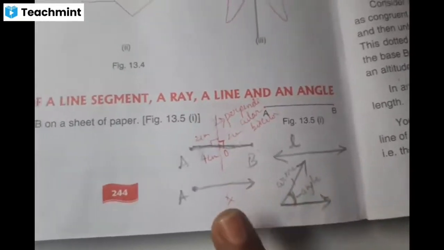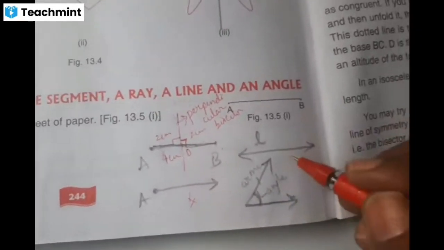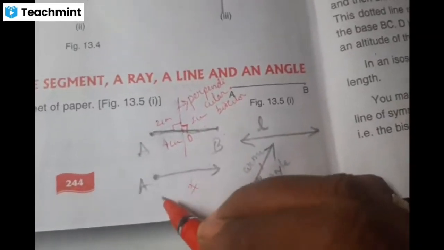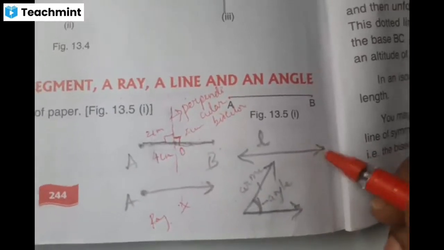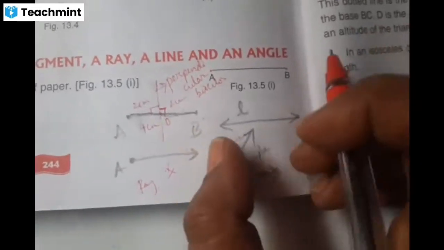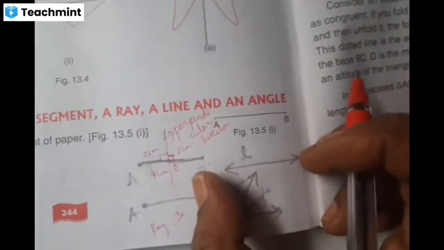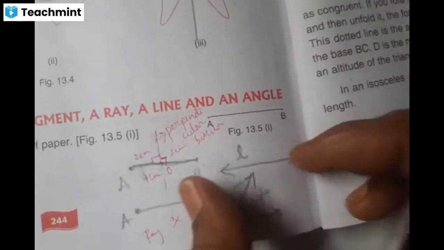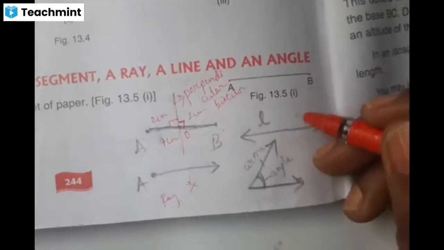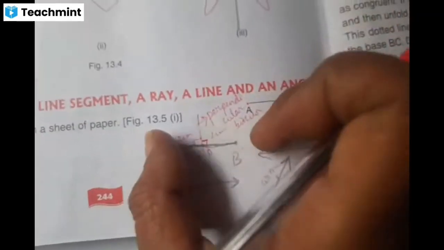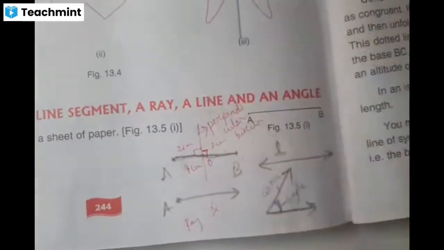In a line, both the ends are extending endlessly in both directions, so we don't get any line of symmetry here. Only if you have limits, then you get the line of symmetry.